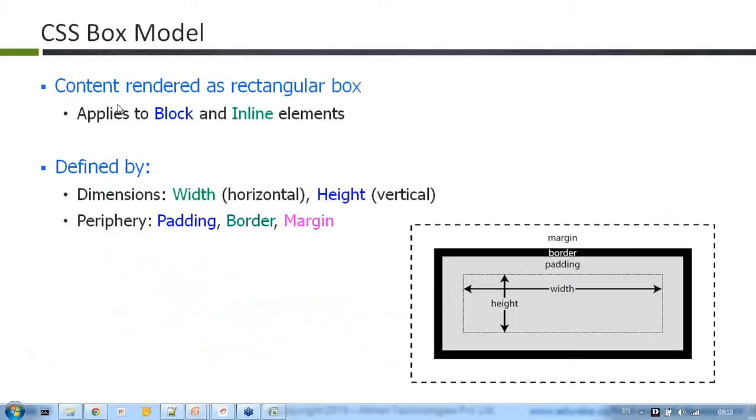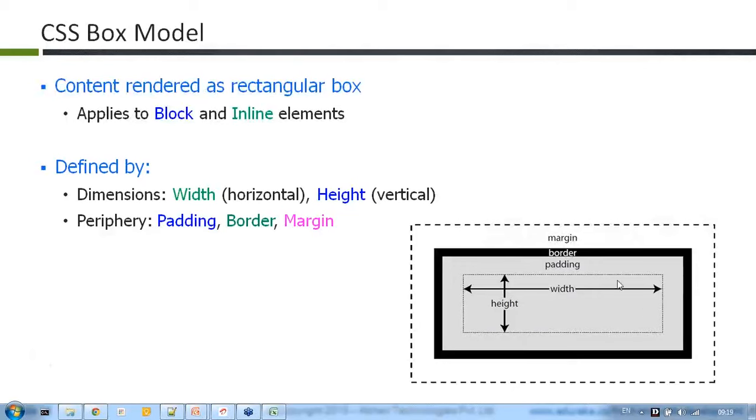So it applies both for inline and block elements. A rectangular box is defined by two dimensions. One is the width, which is along the horizontal direction, and the other is the height along the vertical direction. The dimensions are one thing, and there are a few other things around the rectangle box.